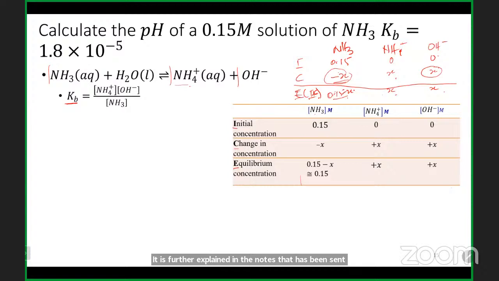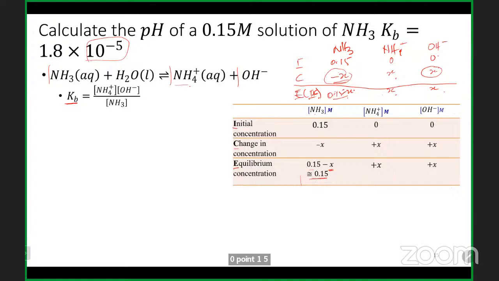In most cases, it's usually very few that is dissociated for weak acids and weak bases. So usually X is so small that we have it as 0.15 in the end.